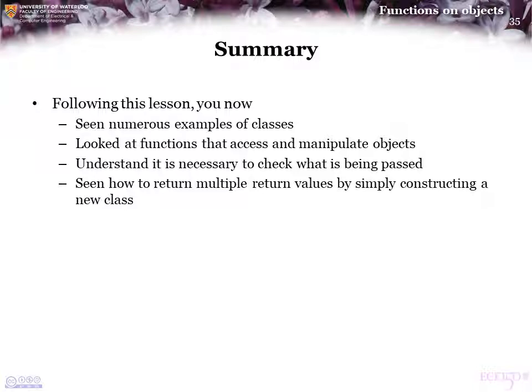For rational numbers, we created appropriate functions to calculate the sum or product of two rational numbers, and we also wrote functions to determine whether or not two rational numbers were equal, or if one rational number was less than another rational number. We then saw an array class, and we implemented some of the functions that we previously implemented on local arrays or dynamically allocated arrays, which required us to pass the capacity as a second argument.